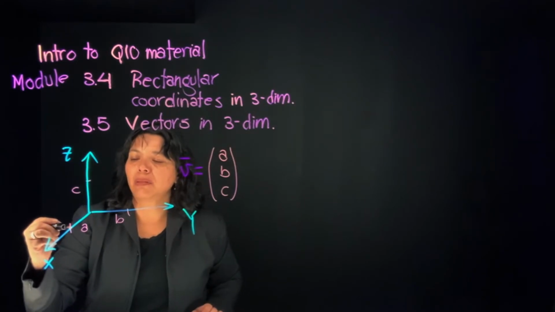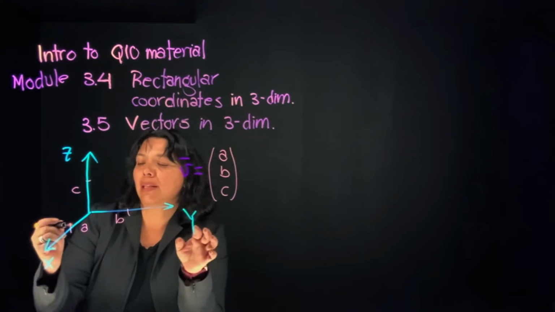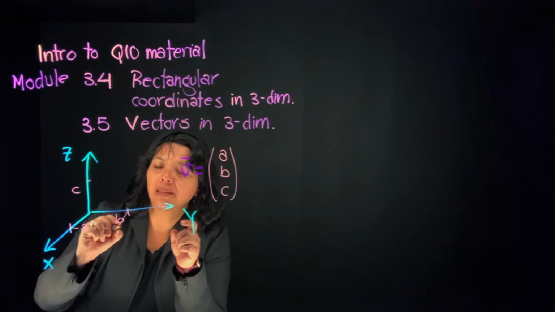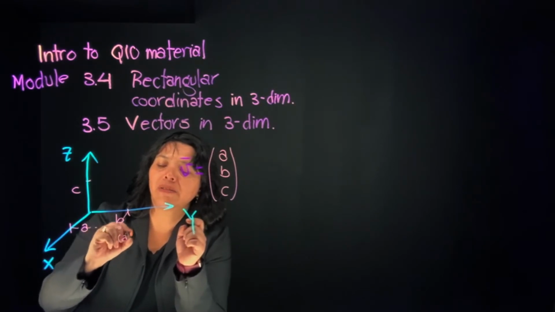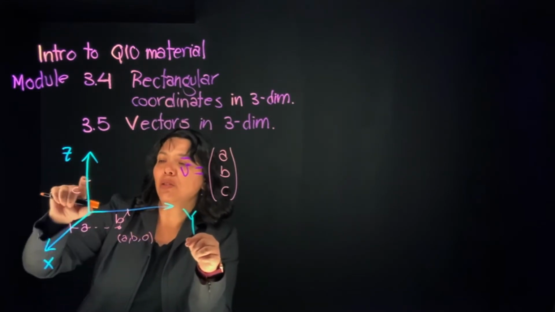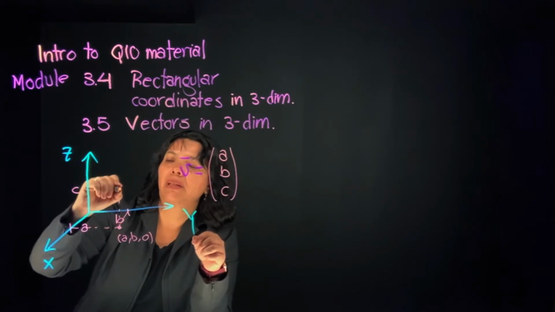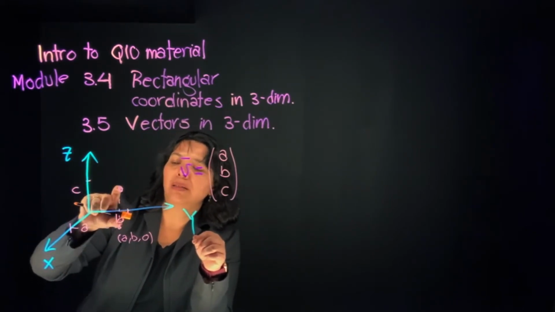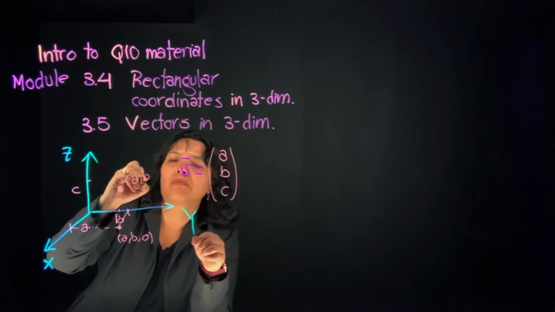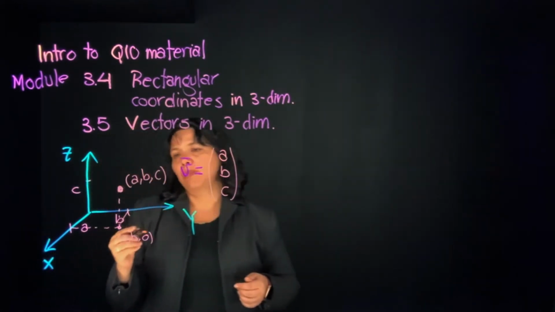So for example, the vector A comma B in R2, in your XY coordinates, will be kind of like this. This is the vector A, B, 0, because I'm in the plane XY. And then I need to go up by C. So I go up, again parallel to this axis. So your point A, B, C is going to be here when you include the perspective.